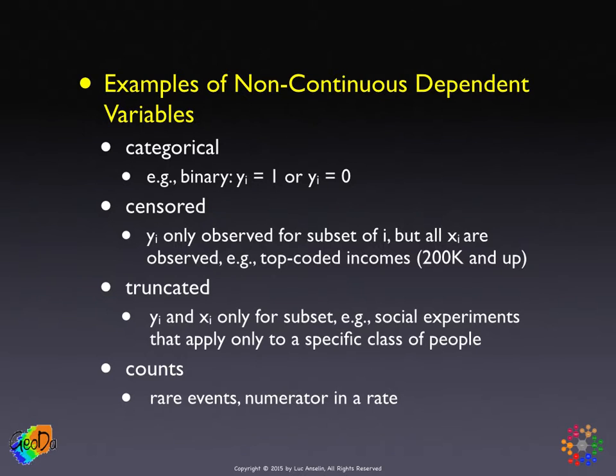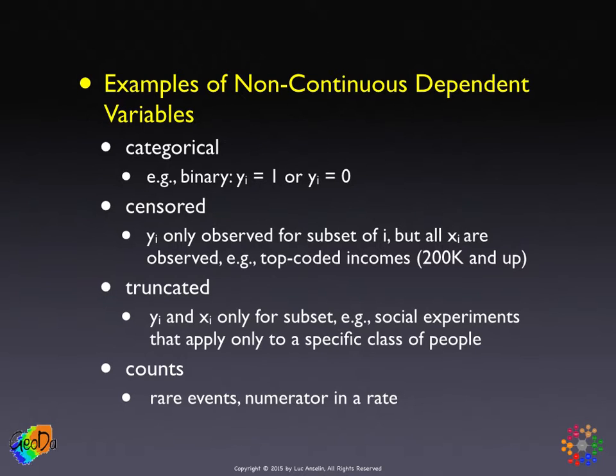So, for example, you have a survey response and the dependent variable on income is either the actual income and then 200K and up or 100K and up, or house prices, you would have $1 million and up, so you don't actually observe the actual price. Then a truncated set is very similar, but in that case you don't have either of them.